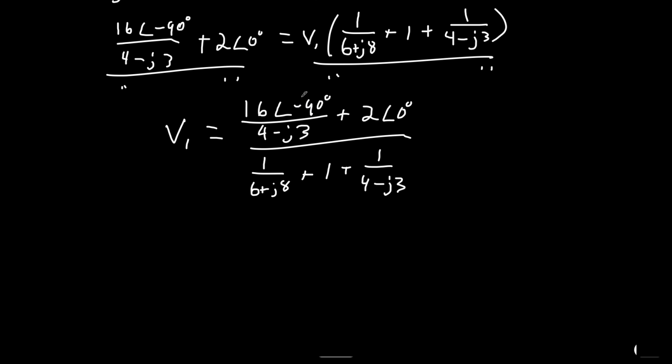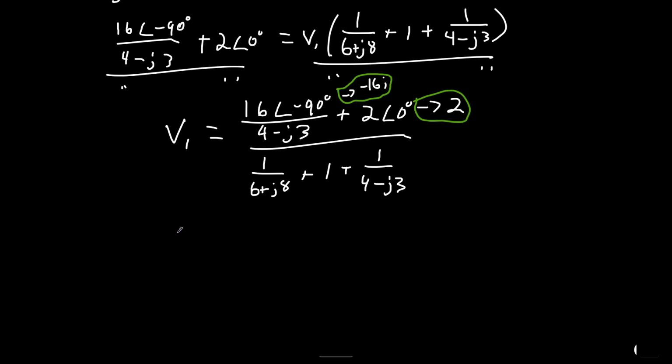And for those of you whose calculator does not like polar form, this will simply be equal to negative 16 i on the calculator, and then this will just be 2. So we'll box those off just in case you need those.